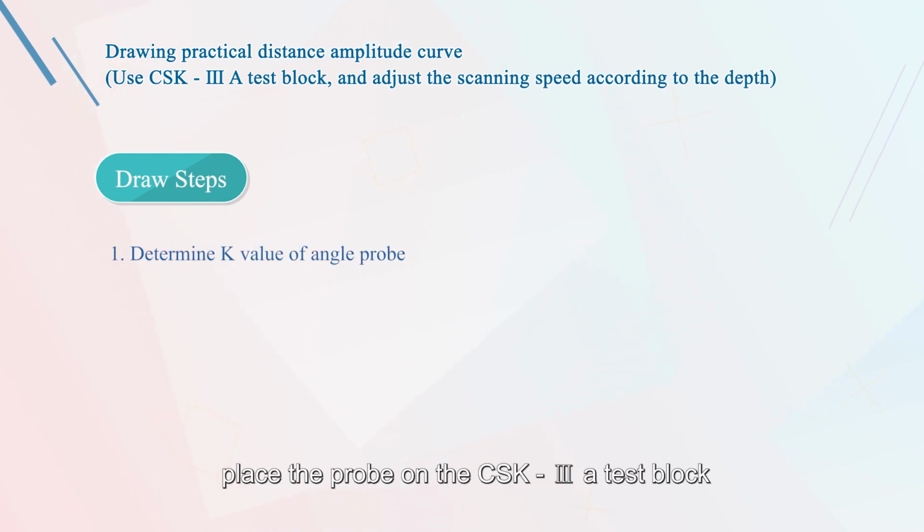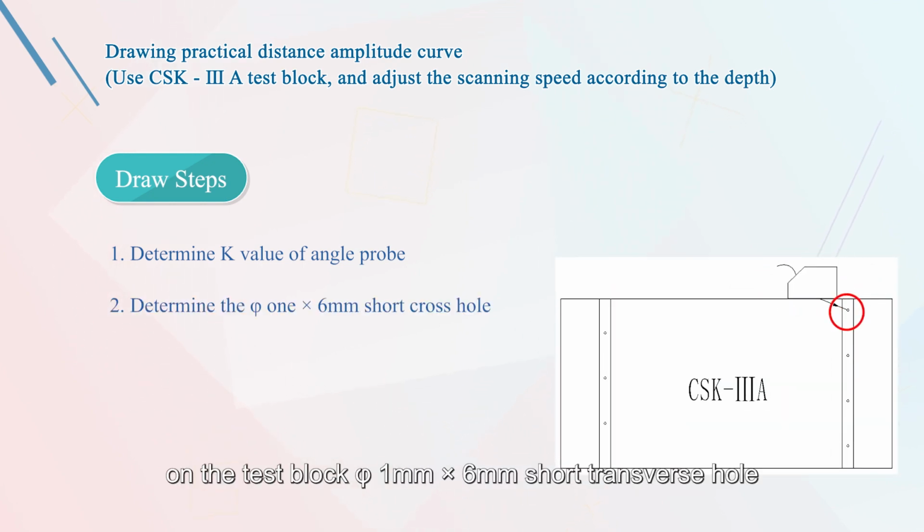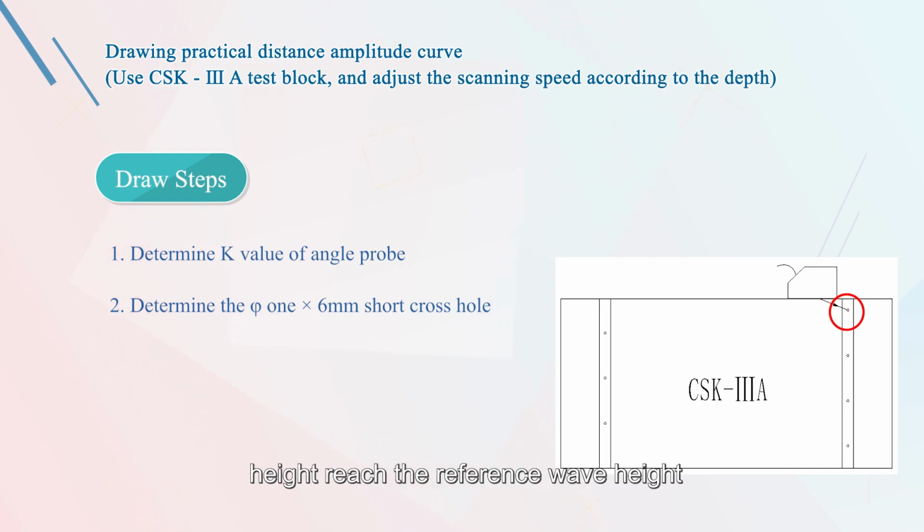Place the probe on the CSK-IIIA test block and detect the short transverse hole of 1 mm times 6 mm at a depth of 10 mm on the test block. Adjust the instrument to make its echo height reach the reference wave height, and record the hole depth and attenuator reading at this time.